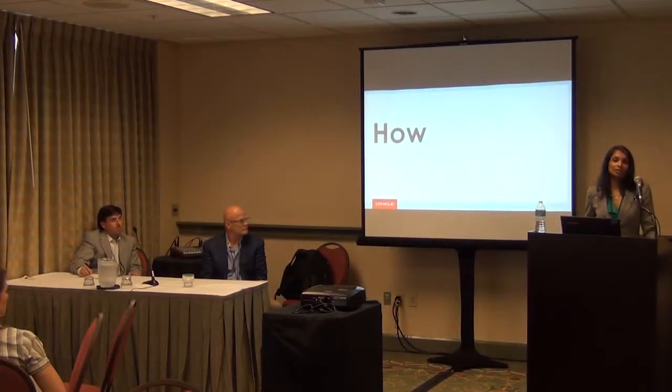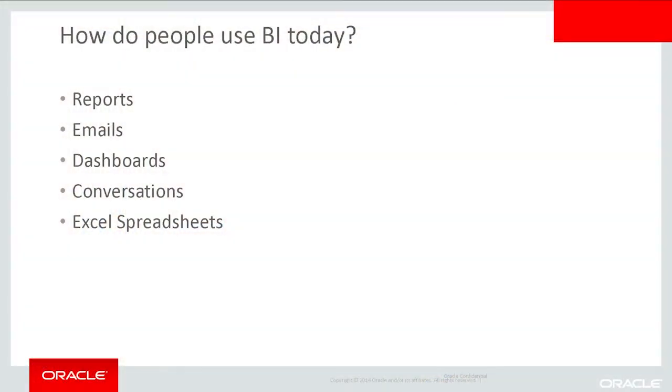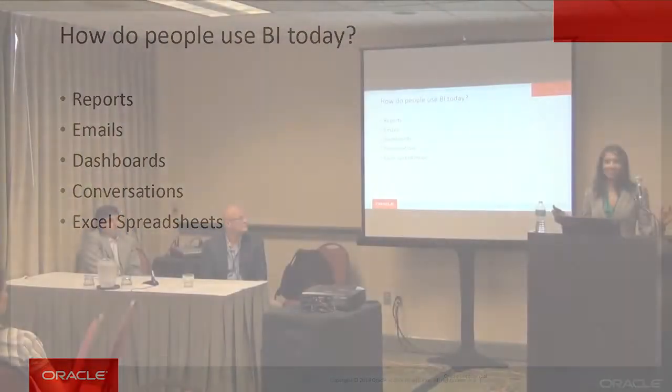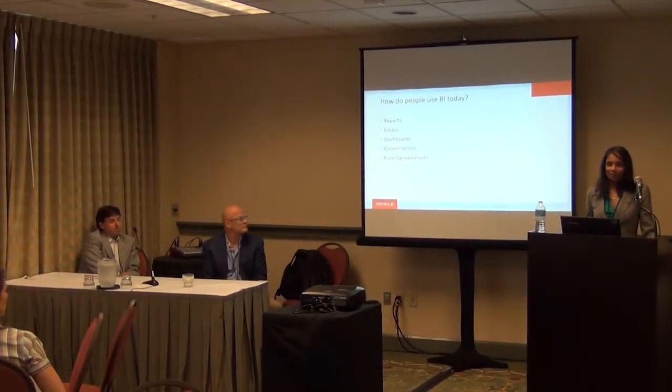How do you go about achieving this? So how do people really use business intelligence or business analytics today? Big thing is reports, operational type of reports that are static in nature, that are maybe run on a weekly, monthly, quarterly, annual basis. Other things, emails, you probably send each other emails about status of things, right?